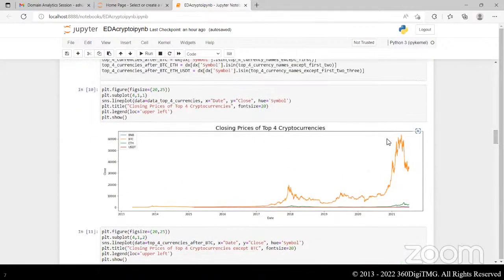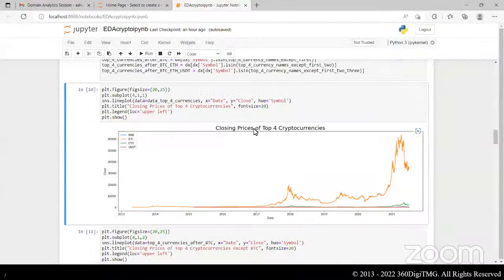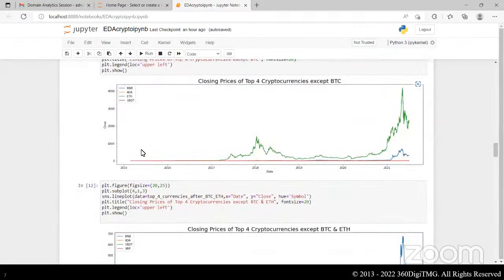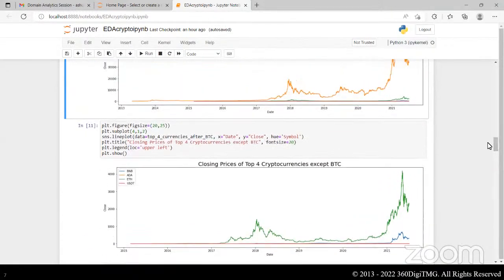Clearly, we can see that Bitcoin is the highest, and when we compare others with Bitcoin, we can't even imagine where they are standing. So what I did was take the currencies besides your Bitcoin, for obvious reasons, because it is very high. So here I'm taking the closing price of top four cryptocurrencies except Bitcoin.